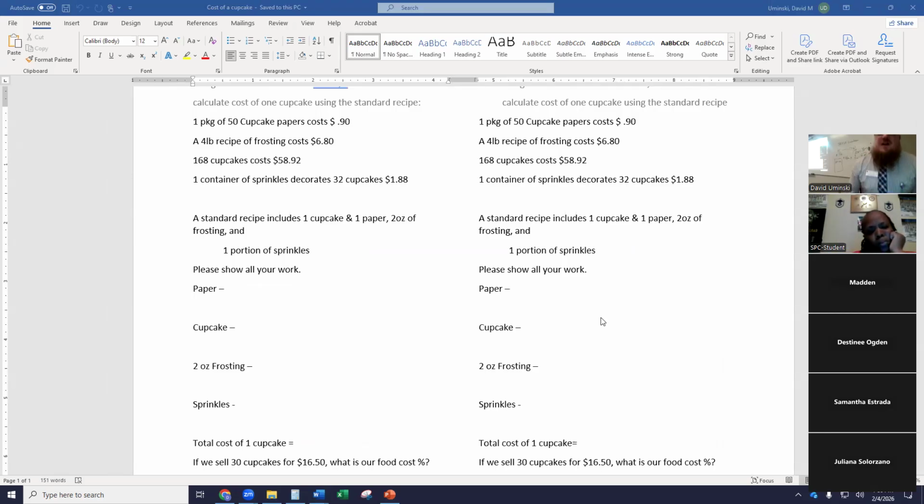You can type your answer in the chat for your final cost of one cupcake. And then the bottom question is, if we sell 30 cupcakes, what is our food cost percentage? I'm going to give each one of y'all a copy that you can write on in class. When you are done, bring it up to me so I can check your work. If you are right, then you get a cupcake. If you are wrong, you can go back and make corrections until you're right and get a cupcake.